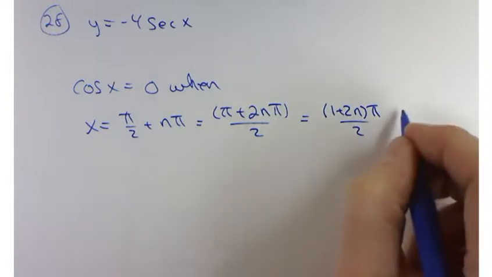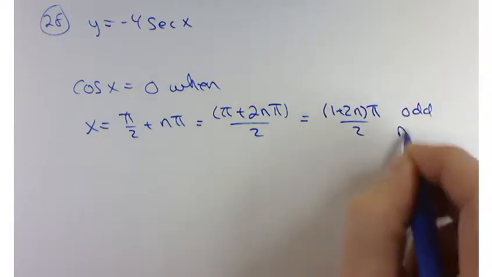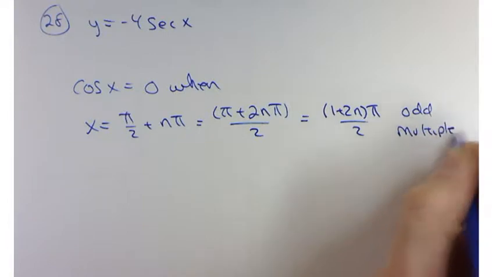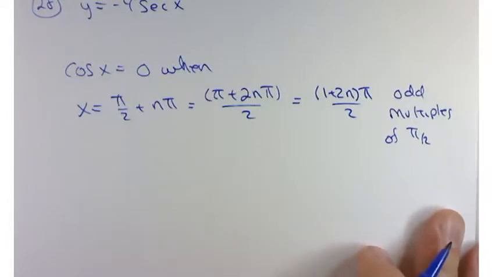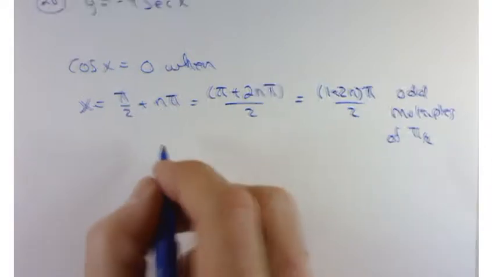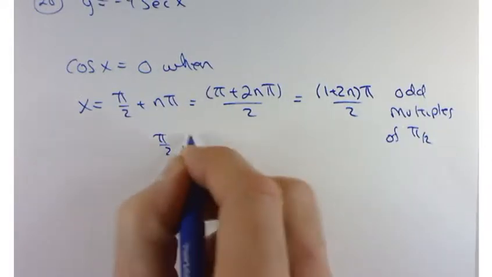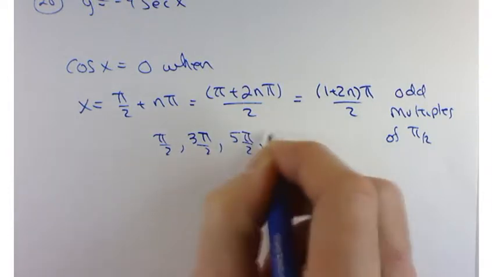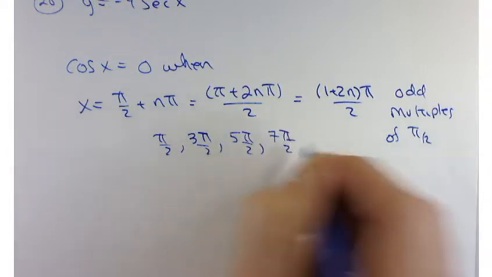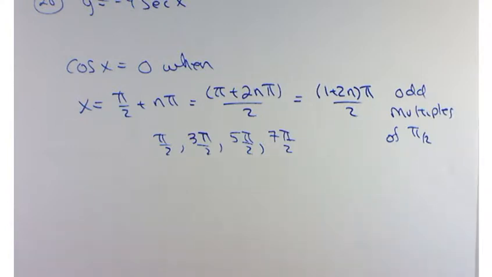What it works out to is odd multiples of pi over 2. And by that I mean pi over 2, 3 pi over 2, 5 pi over 2, 7 pi over 2, and likewise negative values as well. Negative pi over 2, etc.